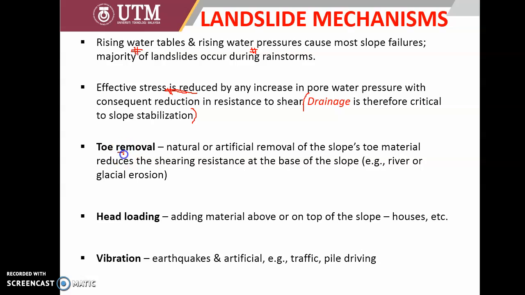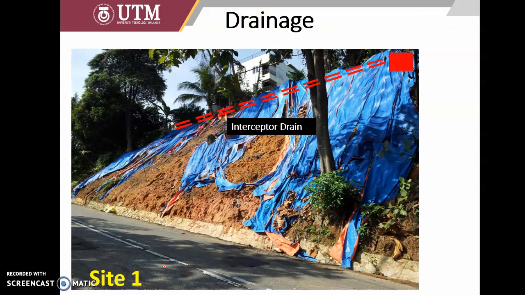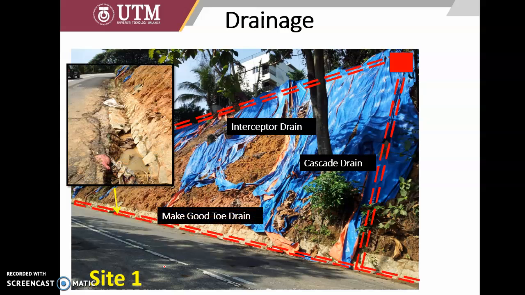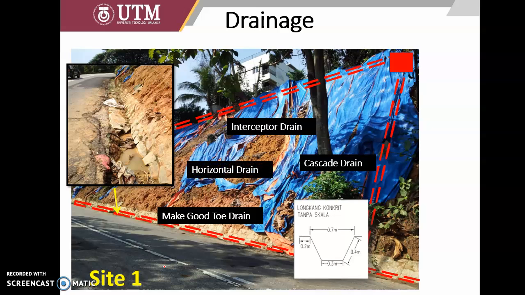Next, toe removal could occur, showing that there is a lack of shear resistance, and also head loading, and when we have vibration, it will ultimately induce the slope failure. Alright, so this is an example of poor drainage. It should be installed carefully. Make a good toe drainage so that we can ensure the water is passing through, not retained at the place.